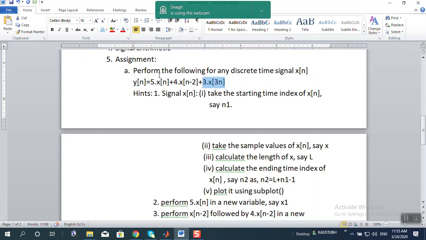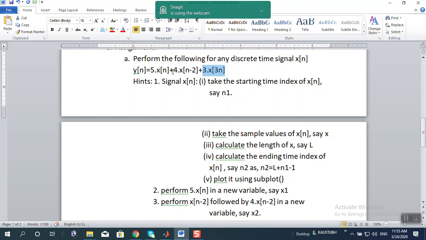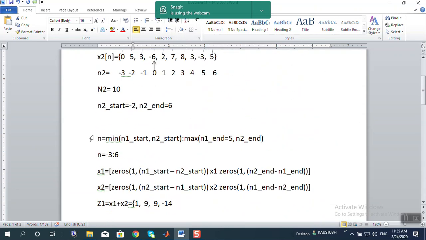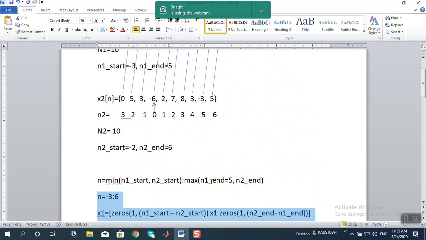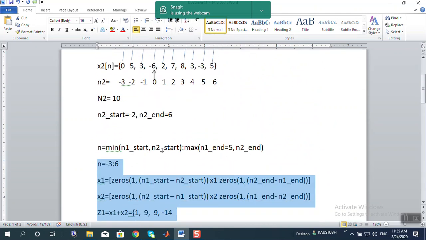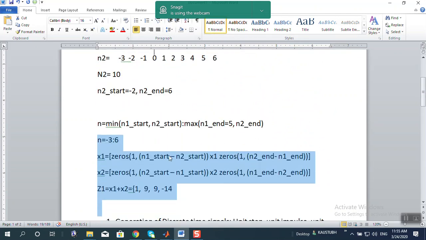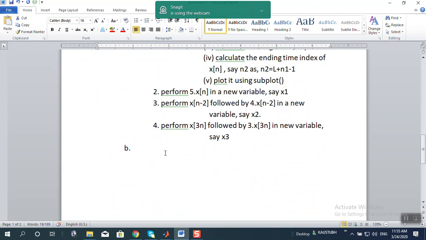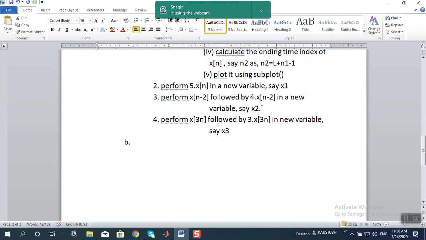Okay, so what next? Next you have to maintain the starting time and the ending time of the combined signal, as we did here by following this. In this case there were only 2, now you have 3: x1, x2, x3.